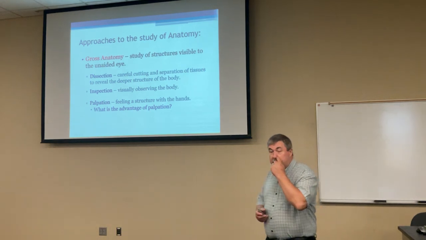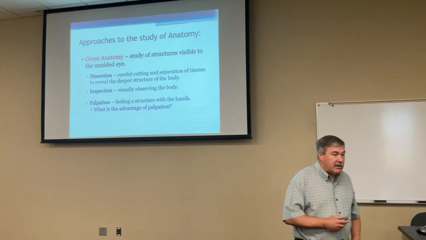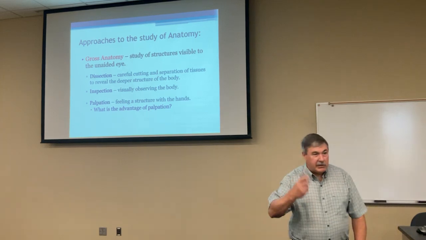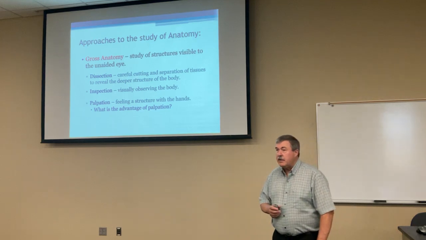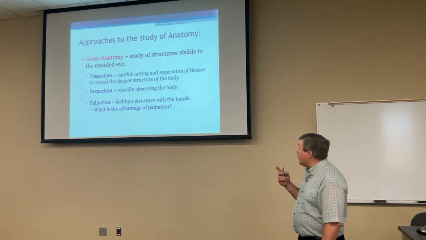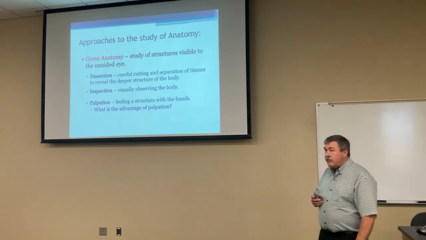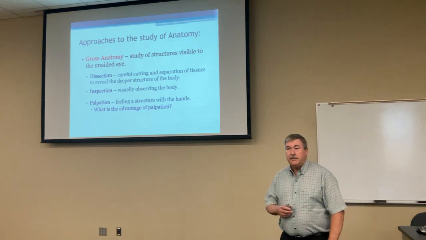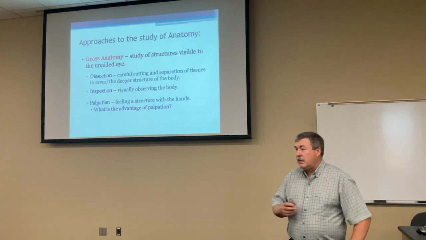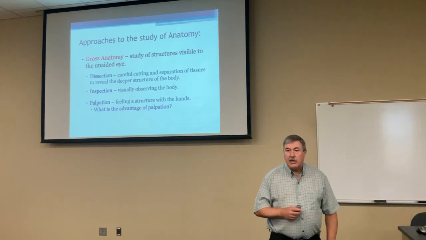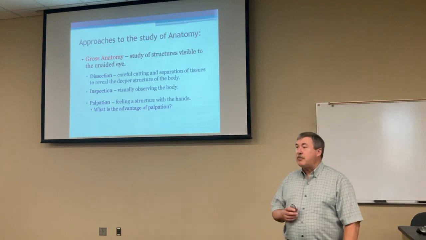And there are several different approaches or techniques that are used in gross anatomy. One of them that I already mentioned is dissection. Dissection is a careful cutting and separation of tissues to reveal the deeper structure of the body. And a lot of times when you're doing a dissection, you don't even have to use any sharp instruments.